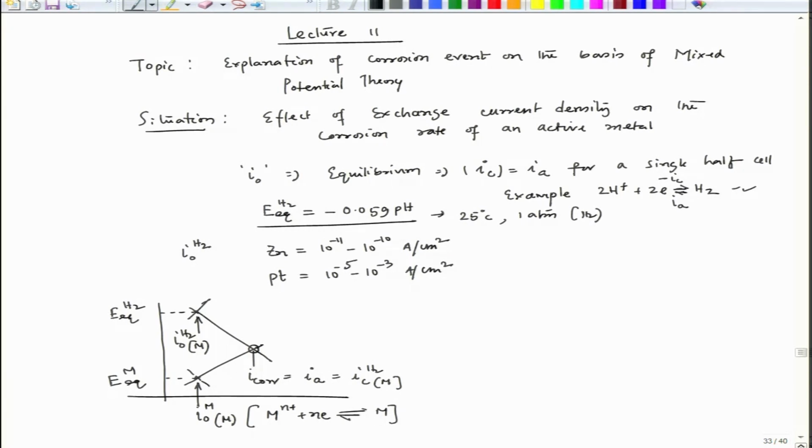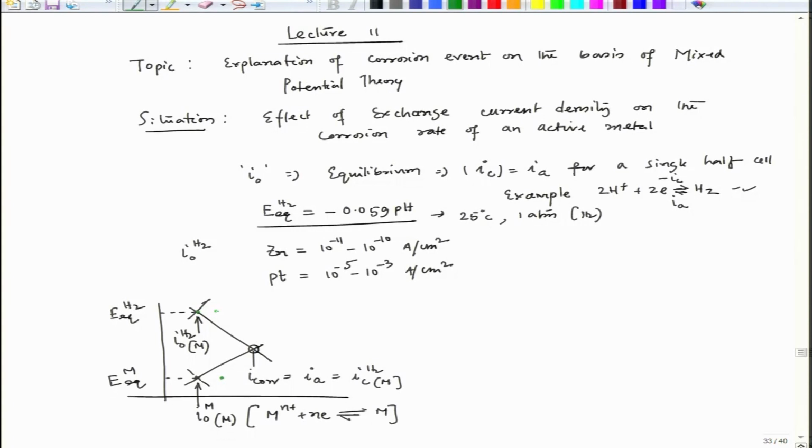Now, this is in one acid; in a different acid, or if we change the surface nature of that metal, we can have a situation like this. Here the exchange current density can go to this, and the exchange current density of hydrogen can remain here, or it can change here.